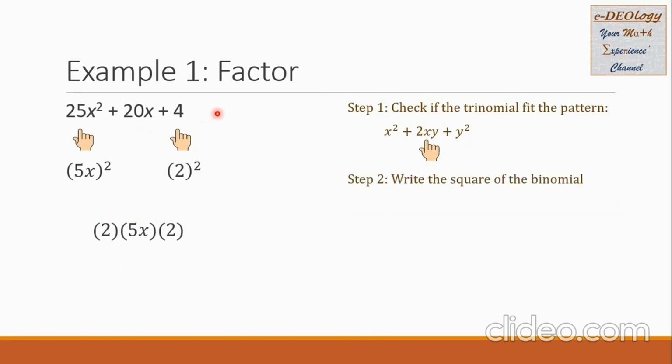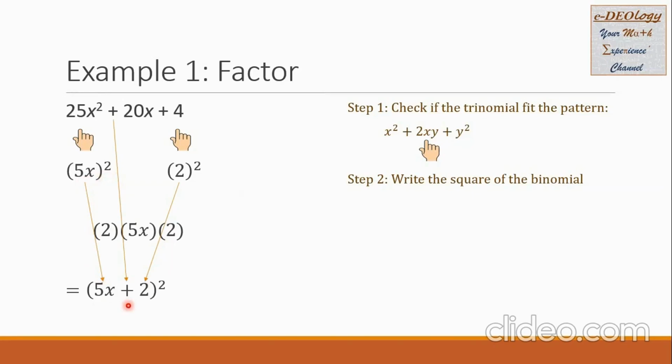We can now proceed to our step 2, write the square of the binomial, and that will be our answer. So to write our answer, we're going to put 5x as the first term here, and that 5x is the base of the first term, and then plus.